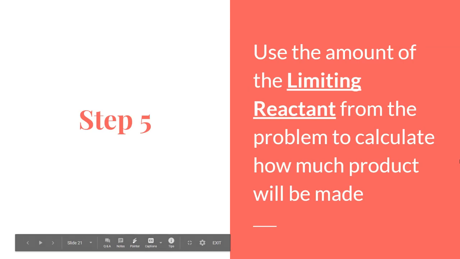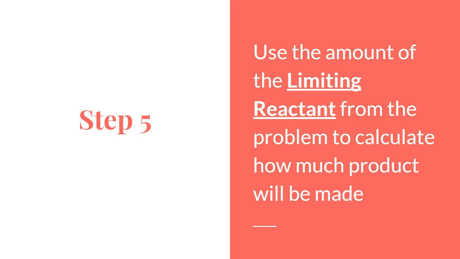So now that I have found the limiting reactant, I'm going to use the amount of the limiting reactant that I started with in the problem to calculate how much product is being made through a simple reaction stoich problem. So please pause the video.